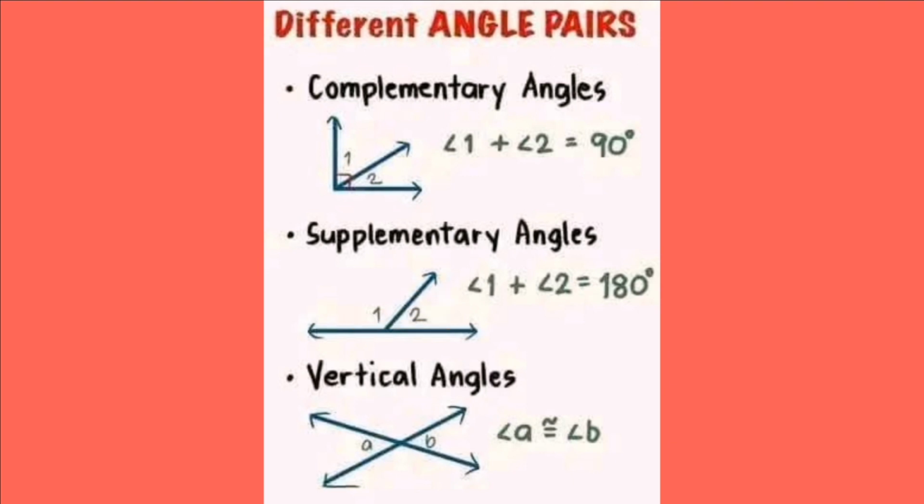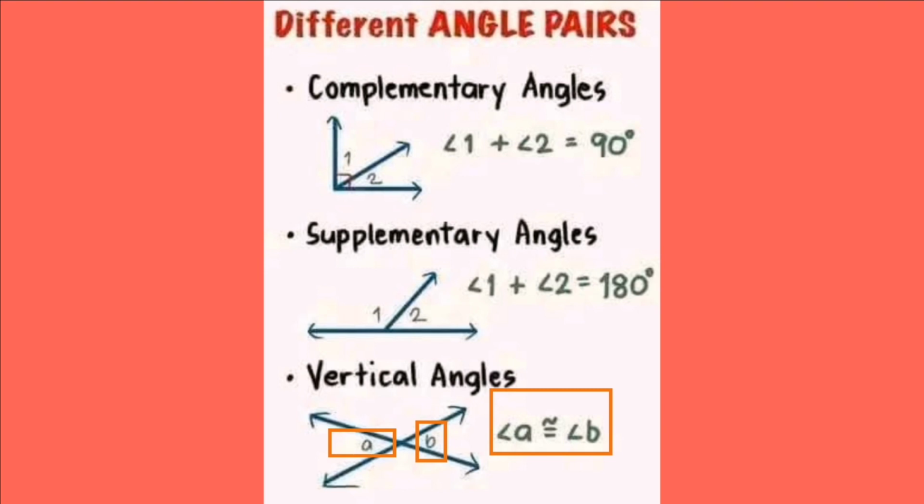Vertical angles. When two lines intersect each other, then the pair of angle A and angle B are said to be vertical angles.